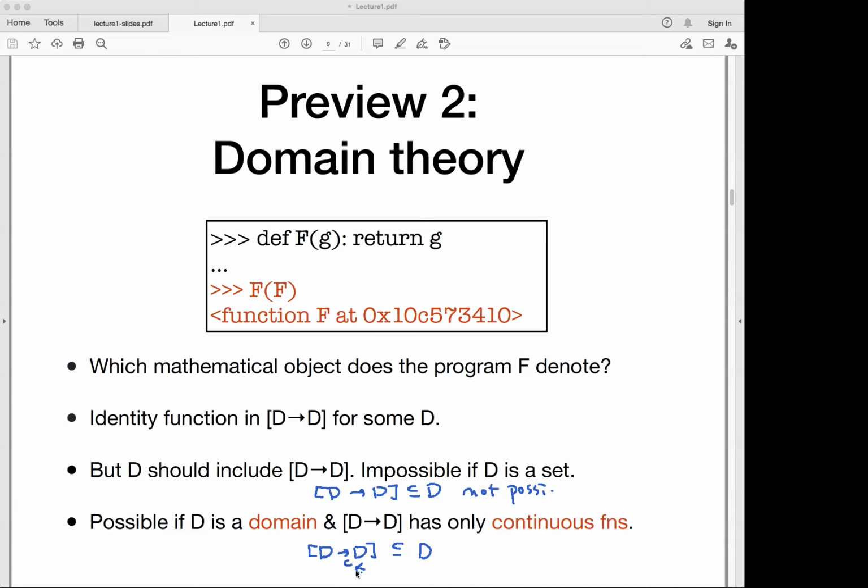It's not just talking about arbitrary functions. You pick a specific kind of function that, in a sense, can be implemented. And once you do this, a proper mathematical formalization of what kind of functions you can write, the problem that I talked about, that the function space should be included in the input space, is no longer there. We can solve that problem. So that's the second big topic that we're going to study.